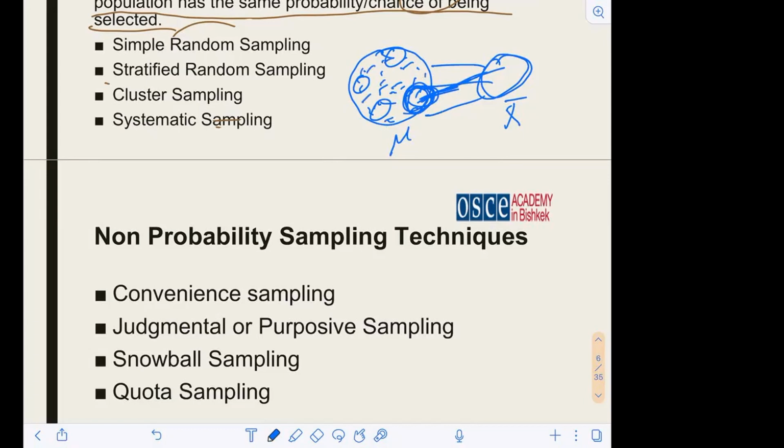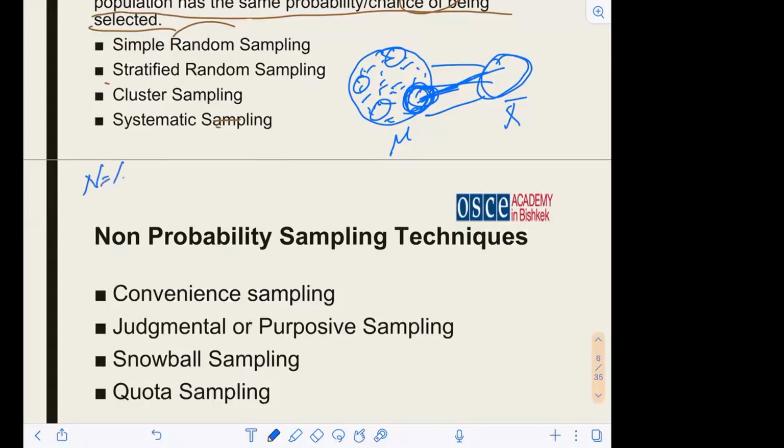But practically, is it possible? Not possible. Theoretically it looks good that you draw a chart and select each person from each corner, it looks perfect. But practically, are you going to draw a chart? Not possible. So what do I mean? I simply mean the word systematic. For example, I have 100 people.